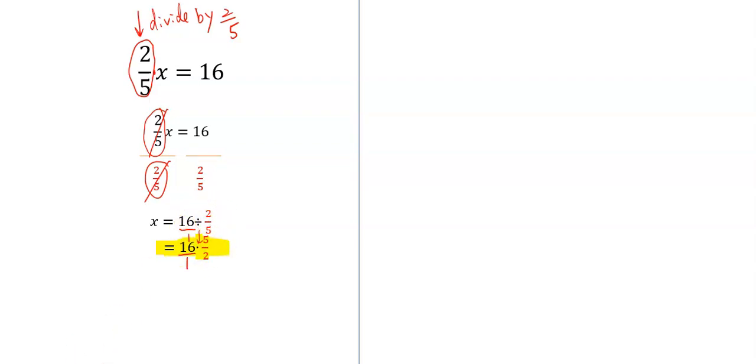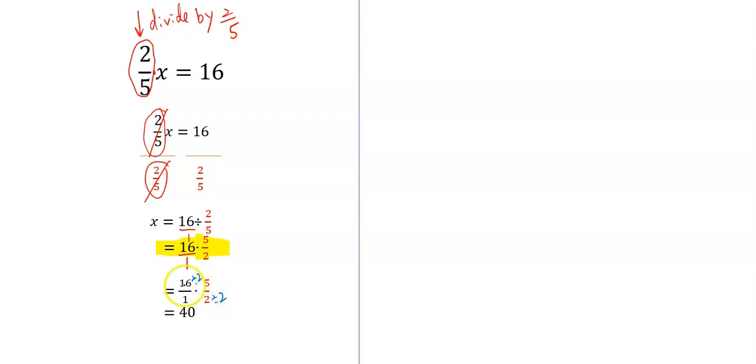Now this division question is turned into a multiplication problem, and to do multiplication we multiply straight across. That way we will get 40. How did we get 40? You could multiply 16 and 5 to get 80, and 80 divided by 2 is 40. But the quick way would be to reduce the numbers first.